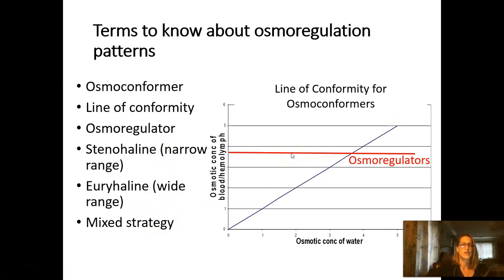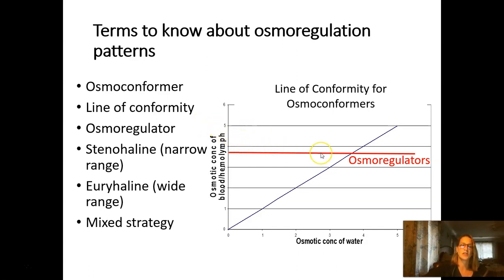No matter whether you are an osmoconformer or an osmoregulator, most organisms actually have a pretty narrow range of osmolarity that they can exist in and survive. Those organisms are considered stenohaline. It means they have a very narrow range of media that they can exist in without dying or while still being able to osmoregulate.